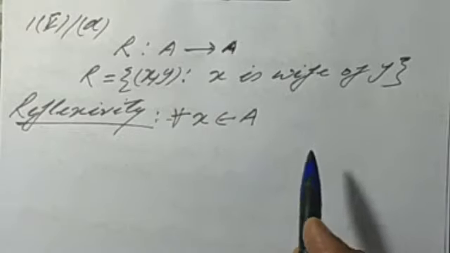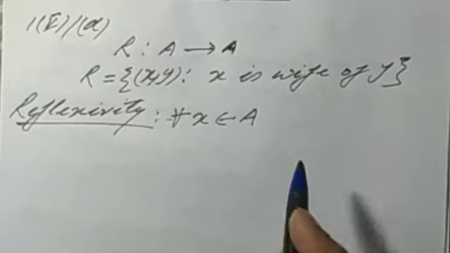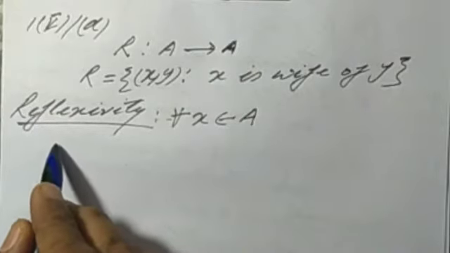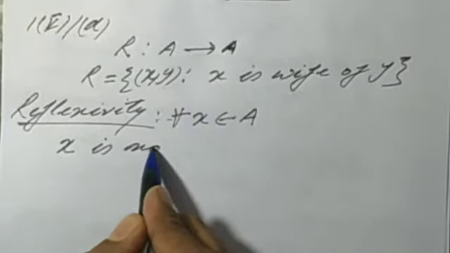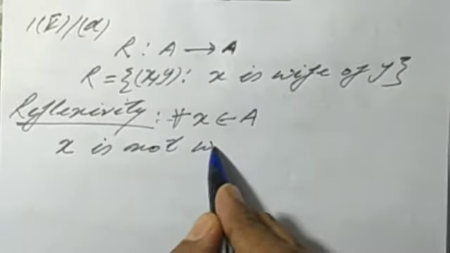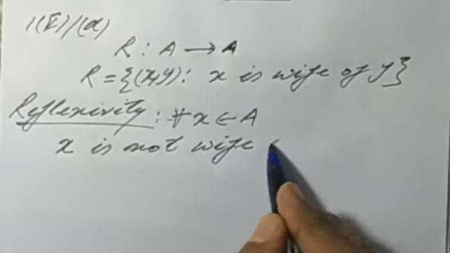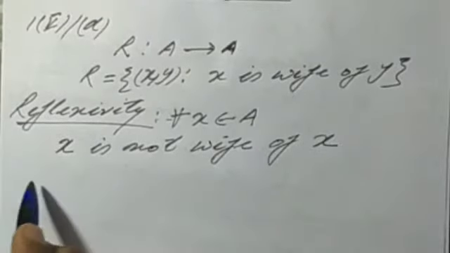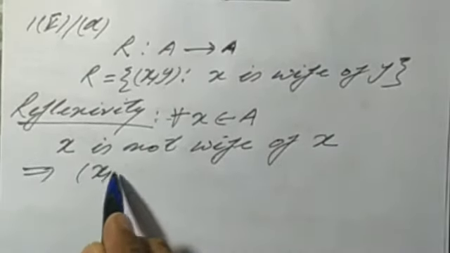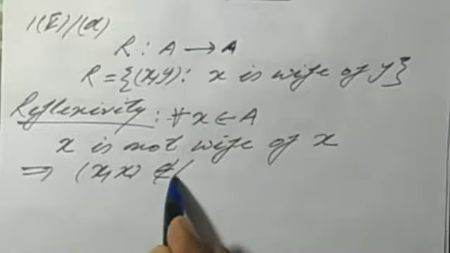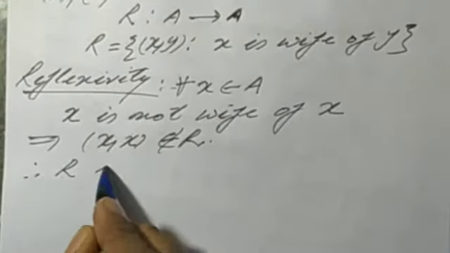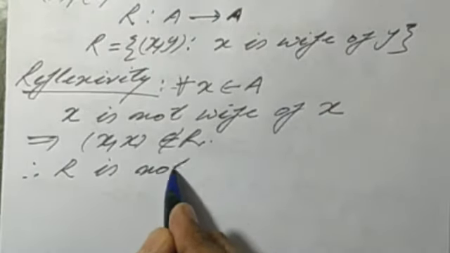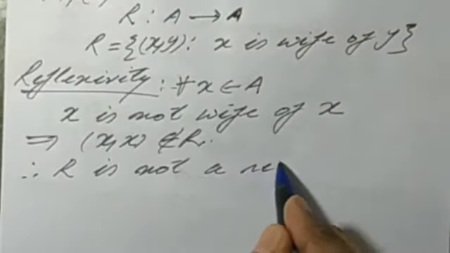So no element A is related to itself under this relation. So we may say that x is not wife of x. So it implies that (x, x) does not belong to R. So R is not a reflexive relation.